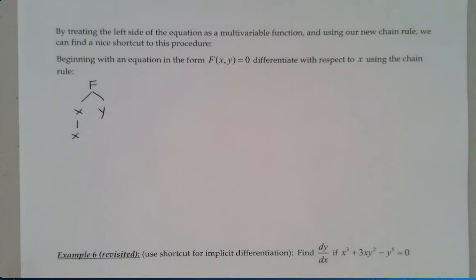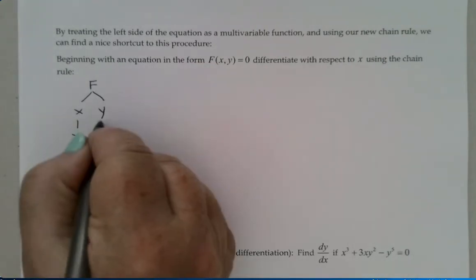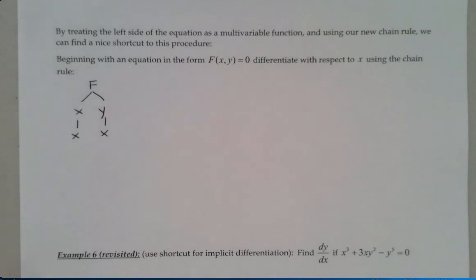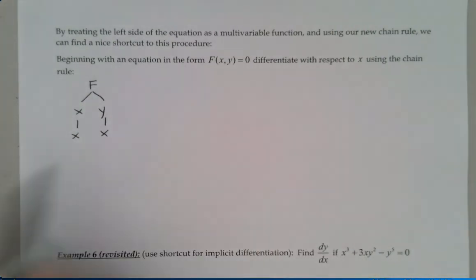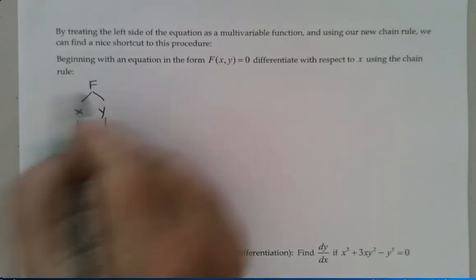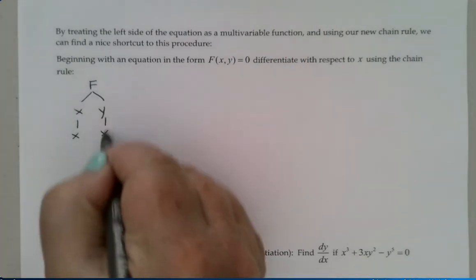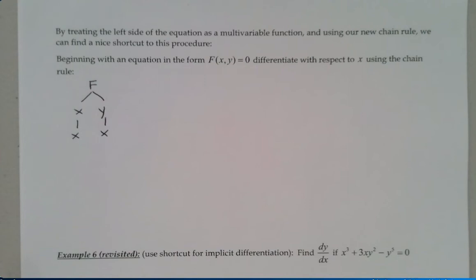X still depends on x. And we're treating y as a function of x as well. So y also depends on x. So I could say that if I want to take the derivative of capital F with respect to x, I can use my chain rule and follow these two branches.